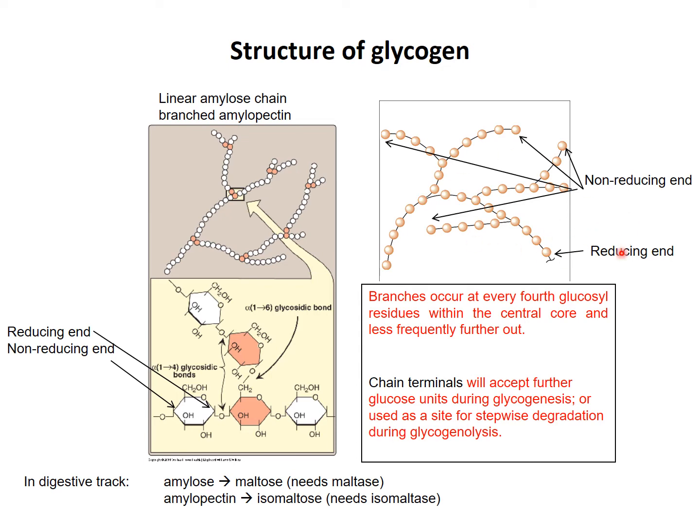It is calculated that branches occur approximately every fourth glucosyl unit. So you can imagine how dense that particular glycogen is. So this non-reducing end can accept glucose, and then this non-reducing end will be from where glucose phosphate is liberated.